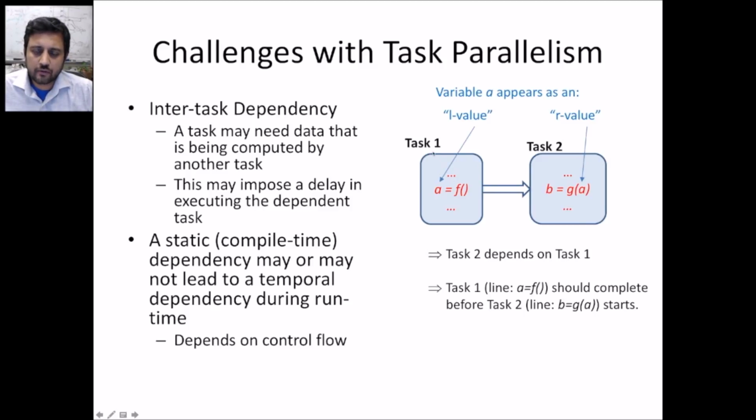Task number one writes onto a variable called A, and that variable is used by task number 2. This generates a dependency from task 1 to task 2. In other words, this line of your code in task 1, which writes onto A, has to complete before you can execute the line of code that uses the value of A.